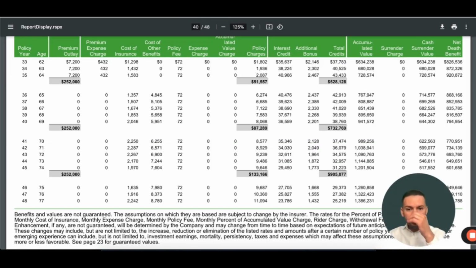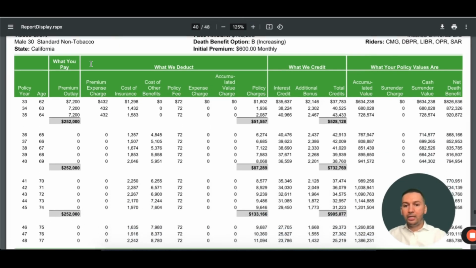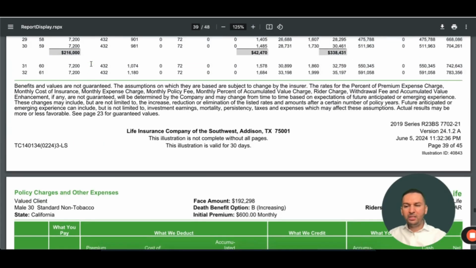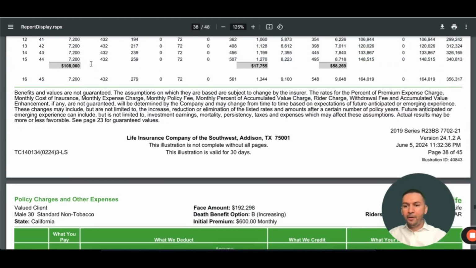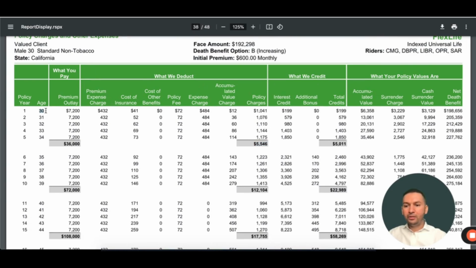Okay, so this is the policy and expense page here. Every company is a little bit different, but in this example, at the age of 30, you're going to notice that you put in 7,200. Over the course of 5 years, you put in 36,000.